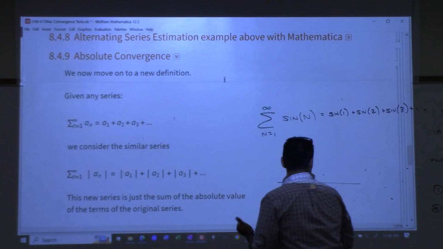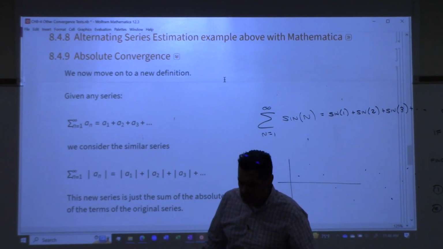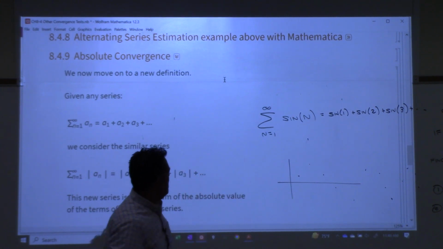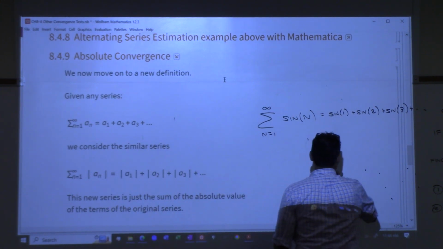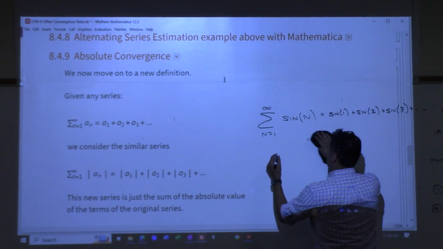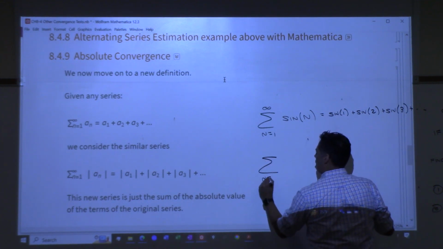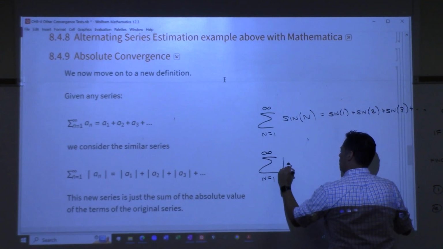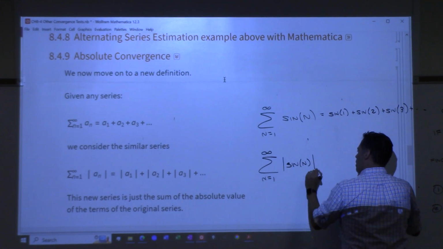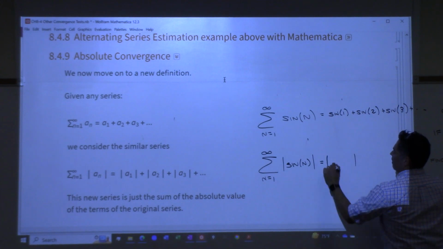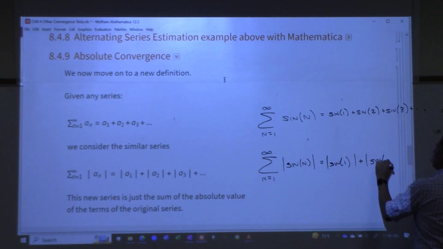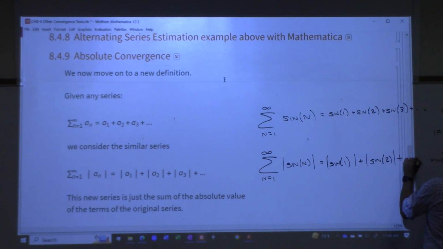If I take the absolute value of this right here, now I can tell you that every single term is going to be positive, because I'm choosing to take the absolute value.